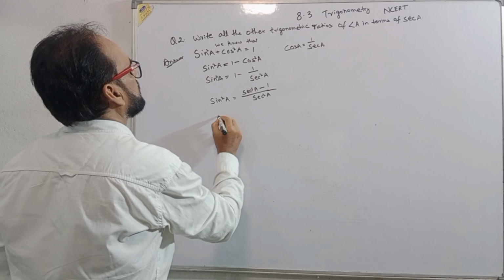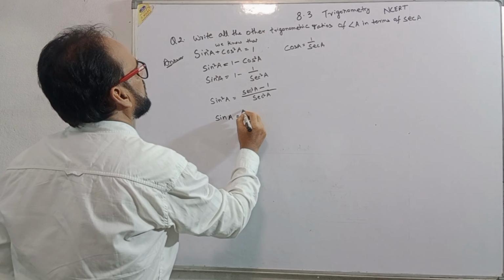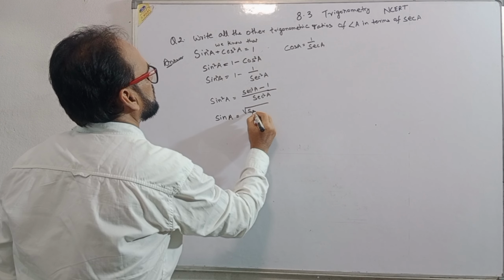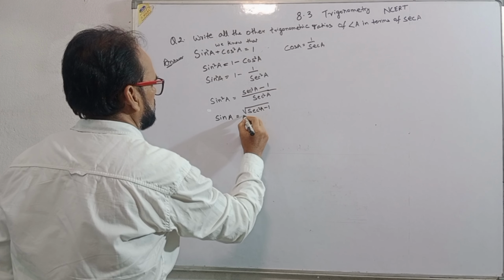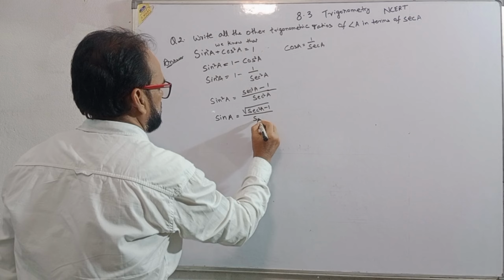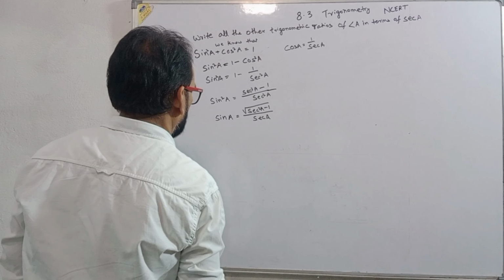Now sin A equals under root sec square A minus 1 divided by sec A. This is one answer.